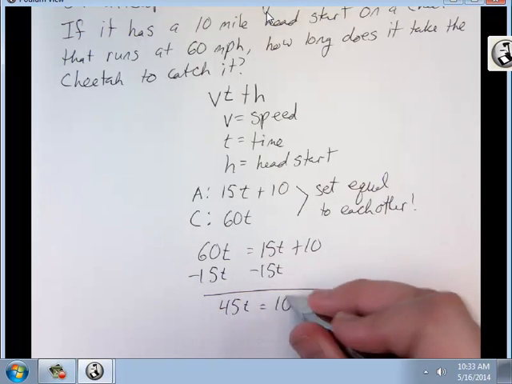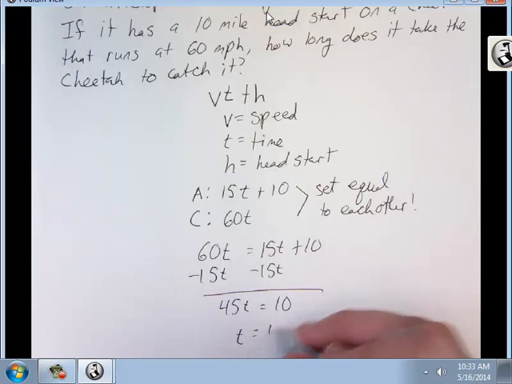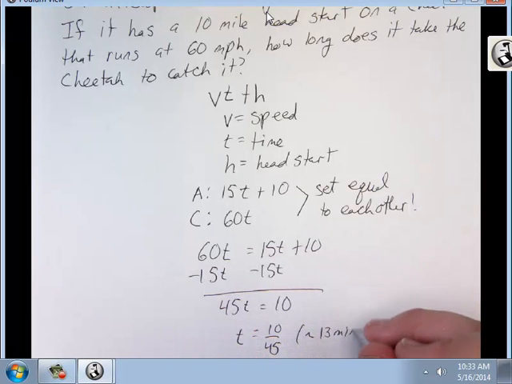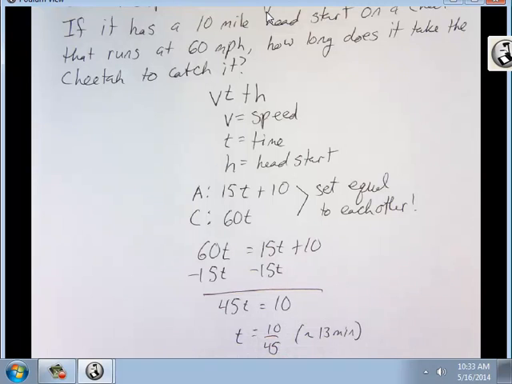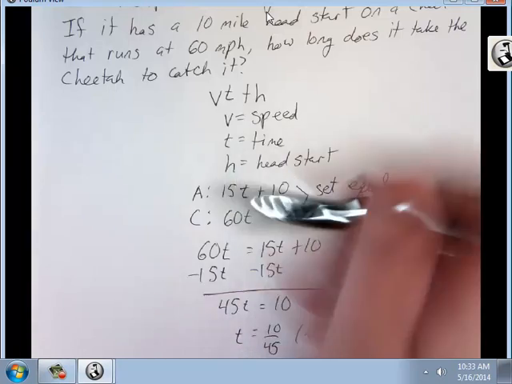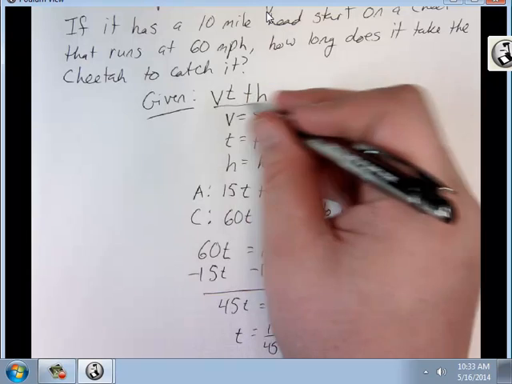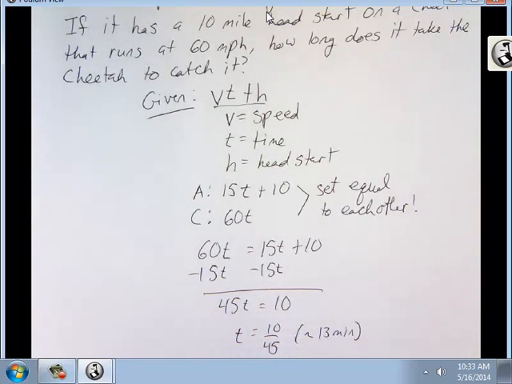T equals 10 over 45. And if you're curious, that's approximately 13 minutes. So all we did is we were given this generic formula. We substituted in for each of the animals, each of our unknowns, and we just solved for the time.